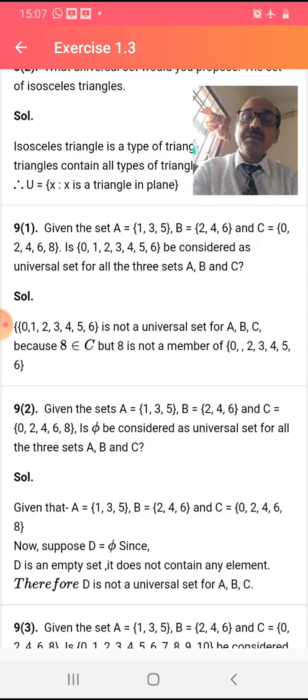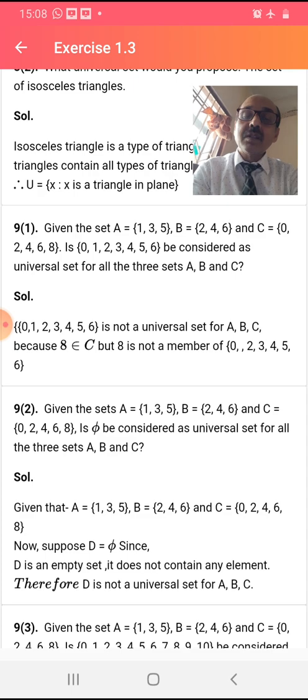So 0, 1, 2, 3, 4, 5, 6 is not a universal set because 8 is not there. If all the elements of the three sets A, B, C are present, then it is a universal set.